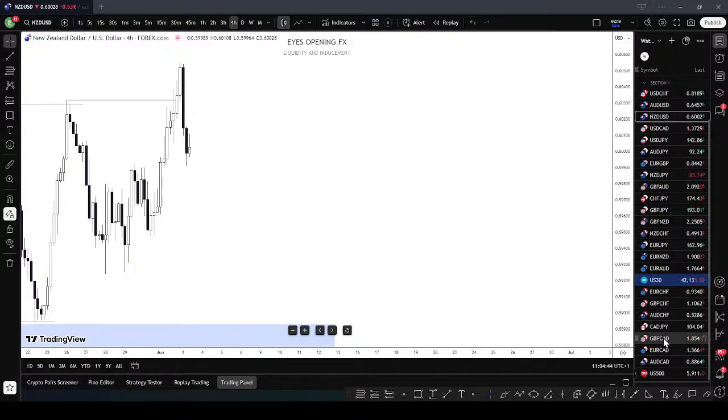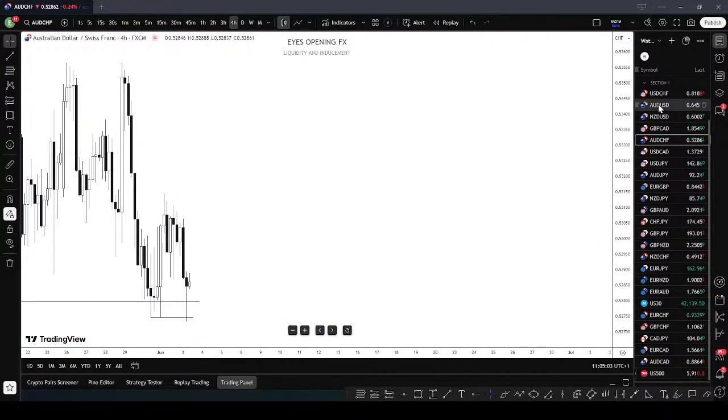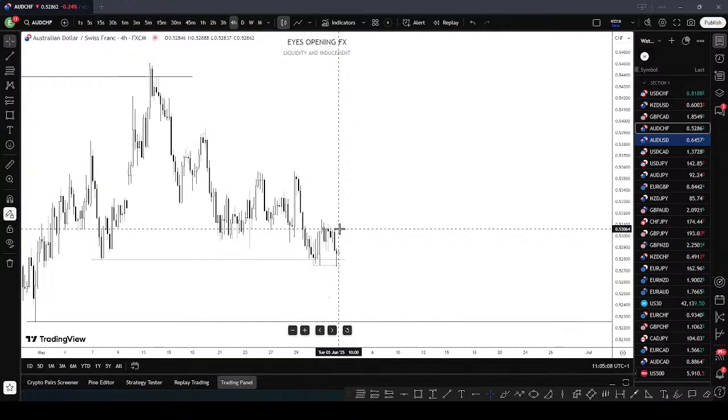Another one is GBP CAD, and AUD CHF. AUD CHF. Okay, so we'll have these pairs so far that we can look for entry. Okay, we're not monitoring AUD CHF. Was it AUD CHF?